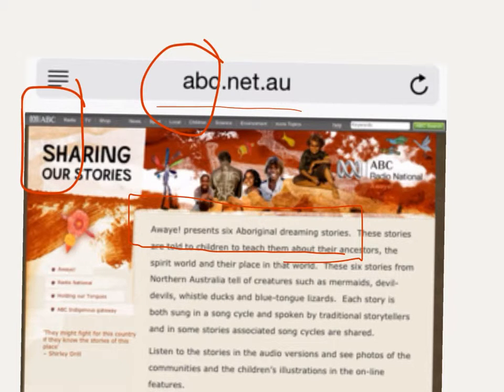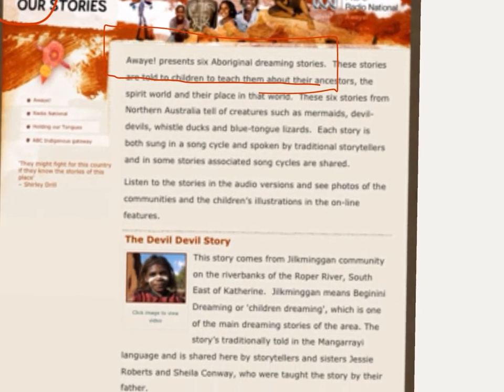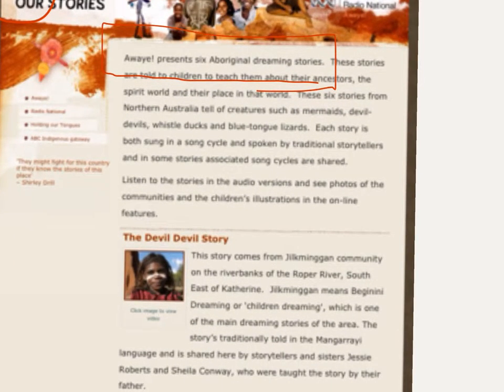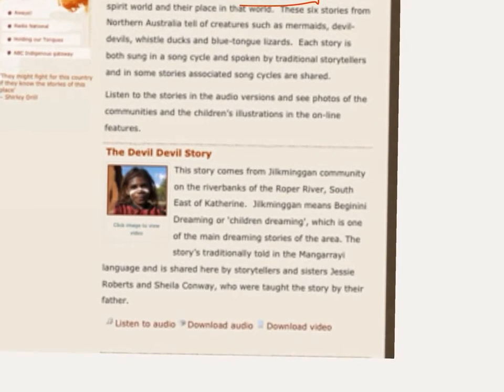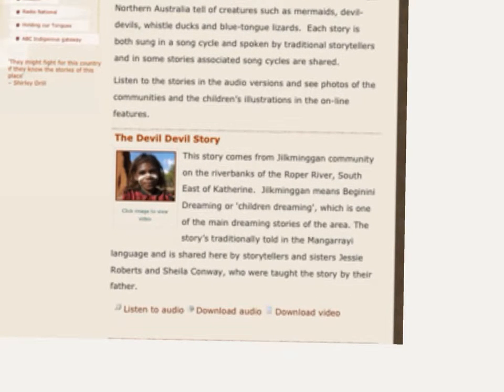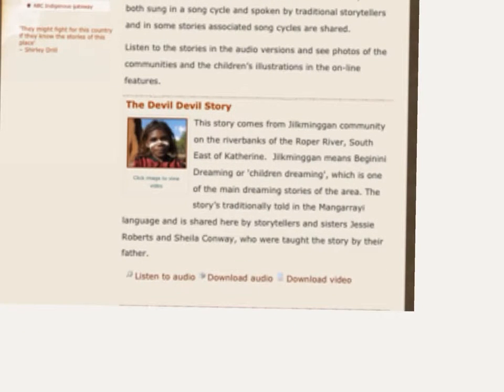What information is on the site? Well, we already know that it's 6 dreaming stories, and I'll just show you one story so we can see what we're looking at. This story is called The Devil's Story, and it comes from the Julkmingan community, and it tells you where this community is from. If you look down here, you can see there's some choices to listen to the story.